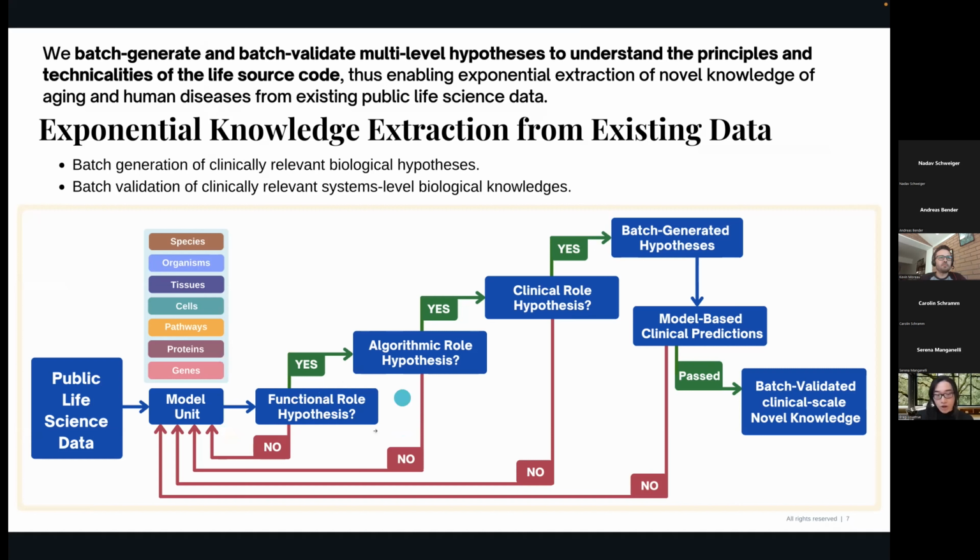On top of which, we add another type of label, which we call the algorithmic role hypothesis. The algorithmic role hypothesis specifically refers to the functional role played by each biological building block, directly or indirectly, in the process of aging. Because from the coding perspective, aging is a ubiquitous phenomenon across all life forms on Earth.